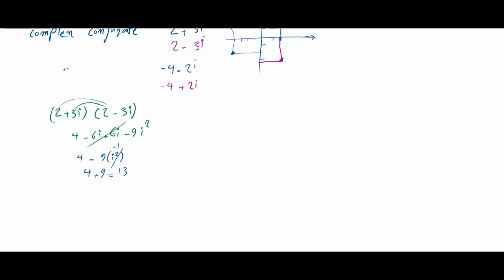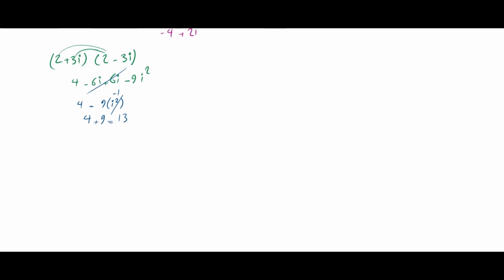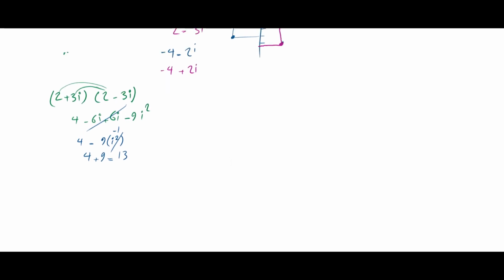So multiplication of a complex number by its complex conjugate would give me a real number, and the imaginary part would vanish. I want to just mention, this reminds me of a plus b multiplied by a minus b, which would give me a to the power of 2 minus b to the power of 2.